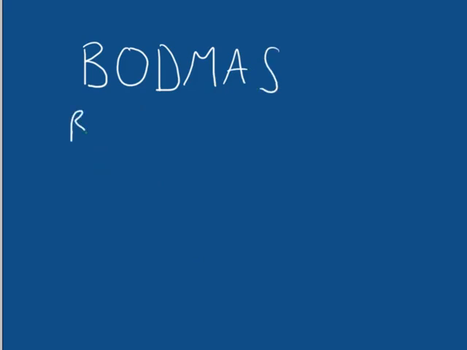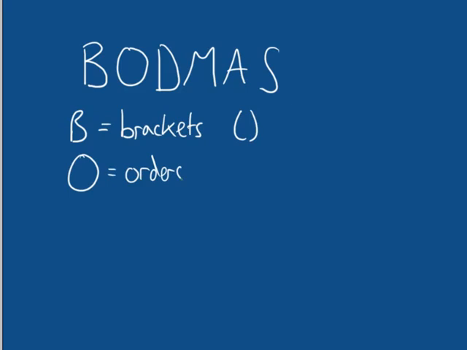The B stands for brackets, which is just another way of saying parentheses. The O stands for orders, which is another way of saying exponents. Then we have DM for our division and multiplication, and AS for our addition and subtraction.